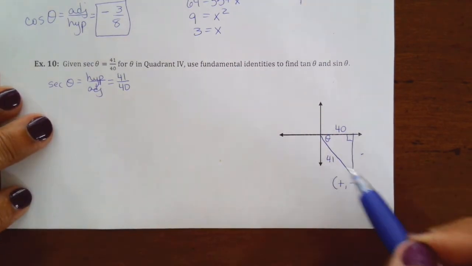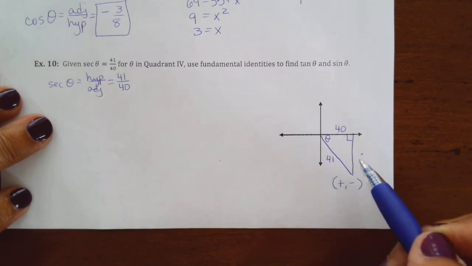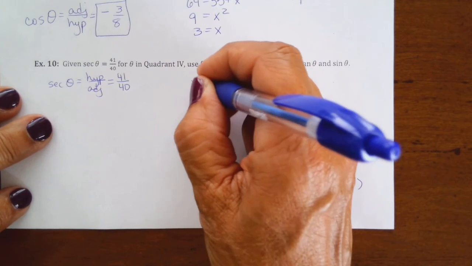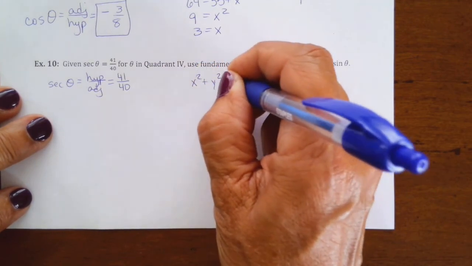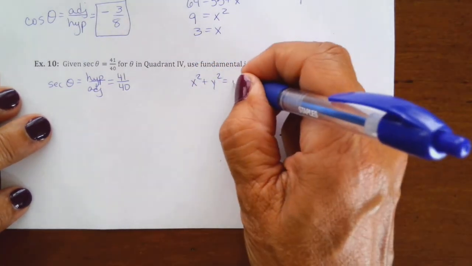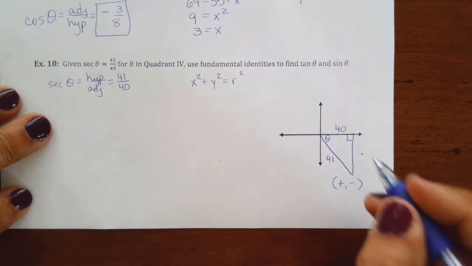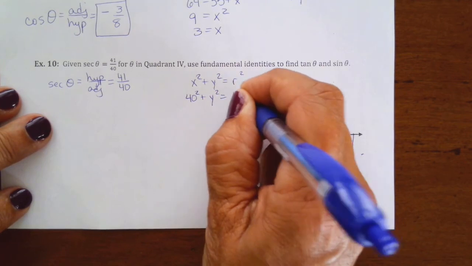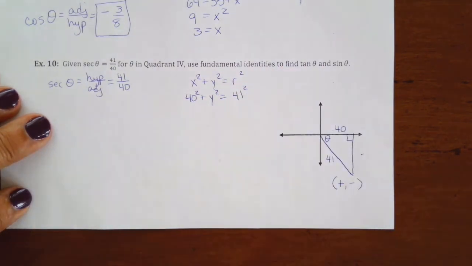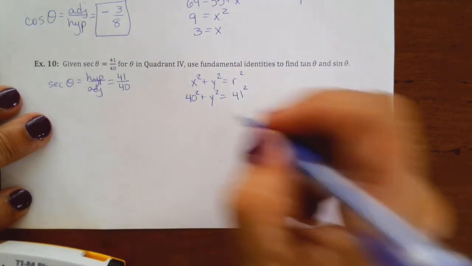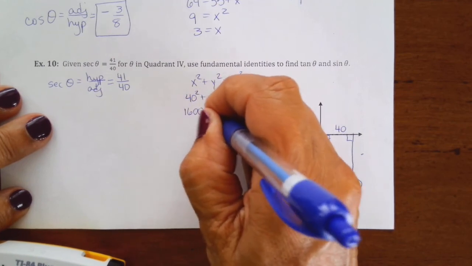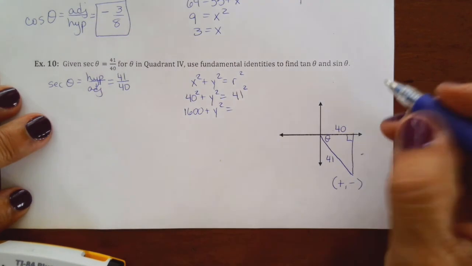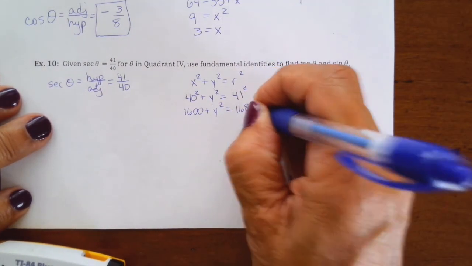Now we're going to do the Pythagorean theorem. x squared plus y squared equals r squared, our radius. So we have 40 squared plus y squared equals 41 squared. 40 squared is 1600. 41 squared is 1681.